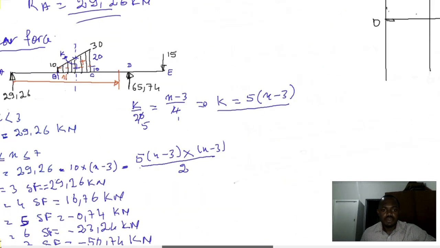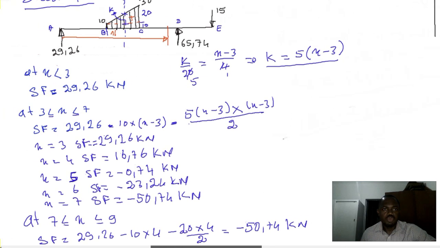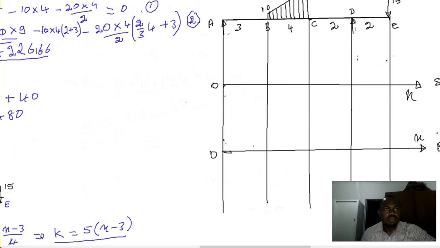Here are the shear force calculations at each point of the beam. For each value of x less than 3, the shear force is equal to 29.26. Let's draw it with red color.